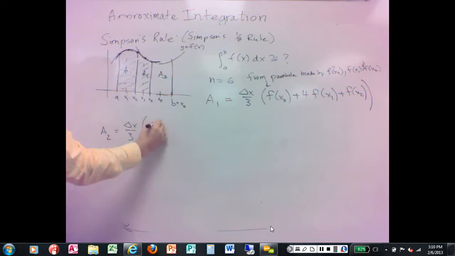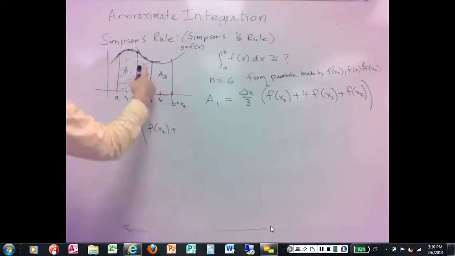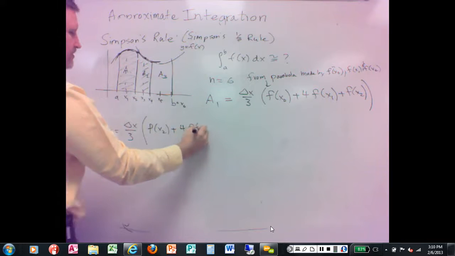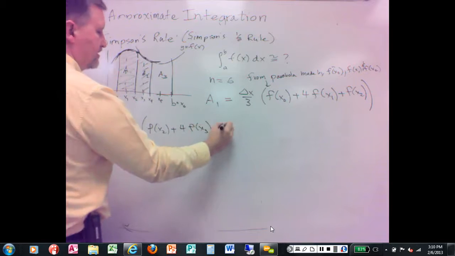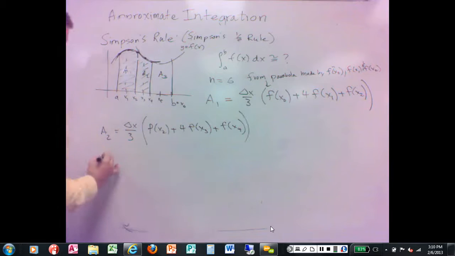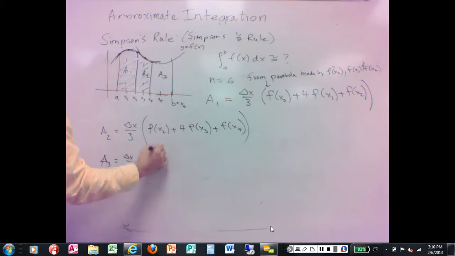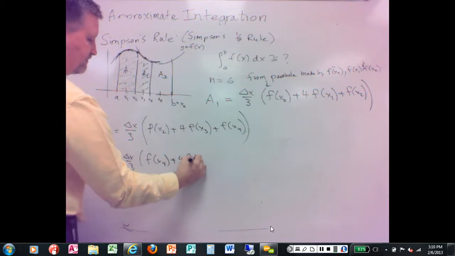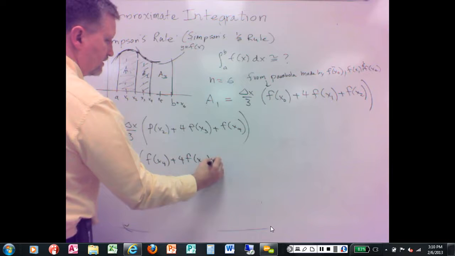F of x sub 2 plus 4 f of x sub 3 plus f of x sub 4. And then similarly, A3, it comes out to be delta x over 3 times f of x sub 4, 4 f of x sub 5, f of x sub 6.